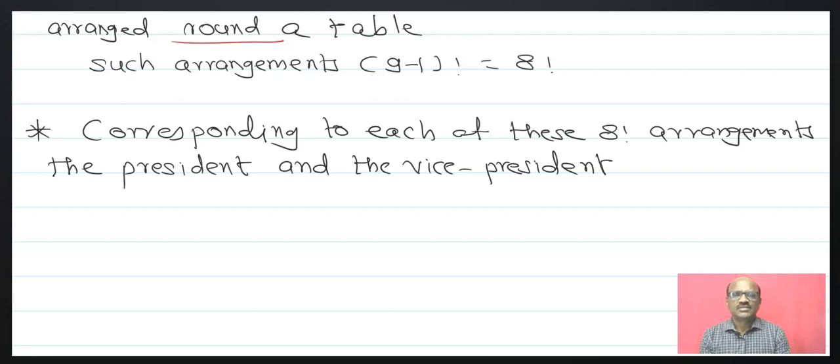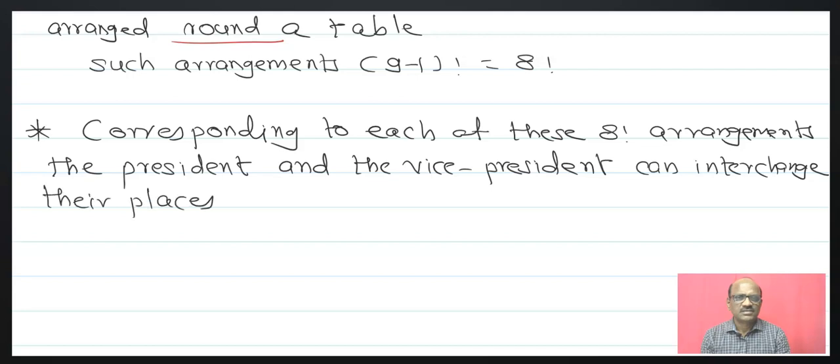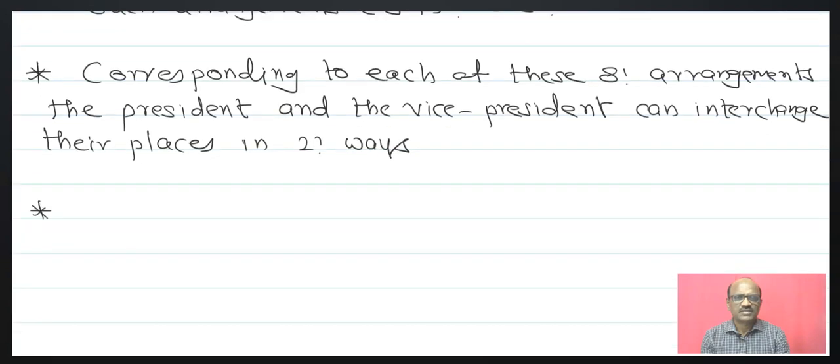That is the 2 ways. President and the vice president can be interchanged. Their places in 2 factorial ways.